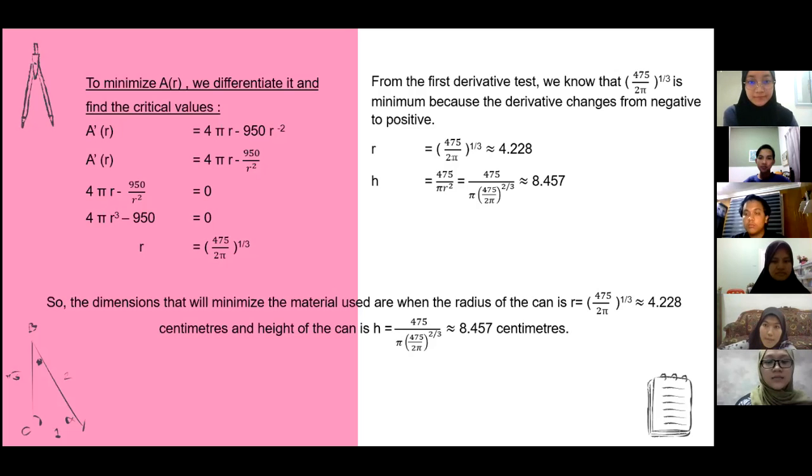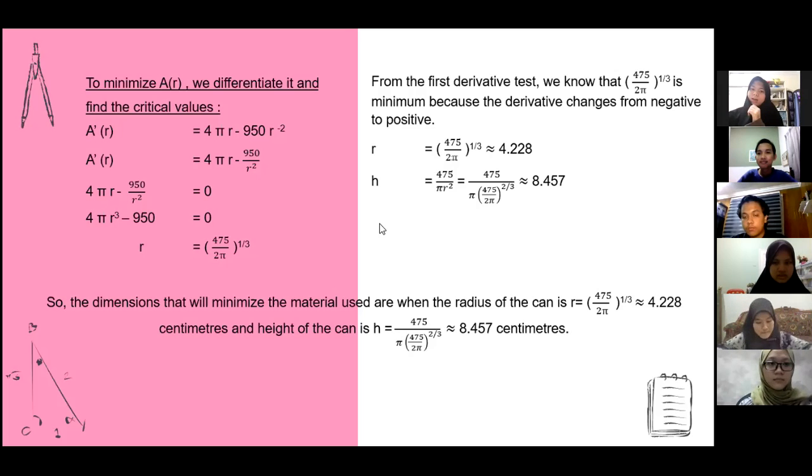Just substitute our value into it, and we got 475 over pi times 475 over 2 pi to the power of 2 over 3. Then we convert it to decimal form and we get 8.457.